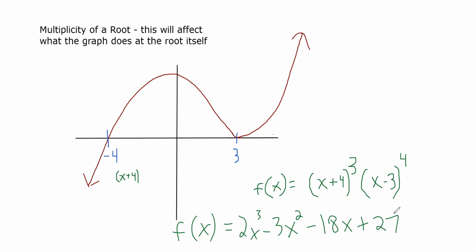I can tell you the end behavior, but I really can't tell you a whole lot else until I factor this. I'm going to need to figure out what the roots are based on the factors. I can also tell you what the multiplicity of those factors are once I've fully factored it. And so then I can fully do it. So the end behavior test is only one part of it.